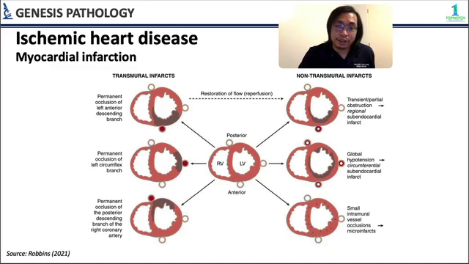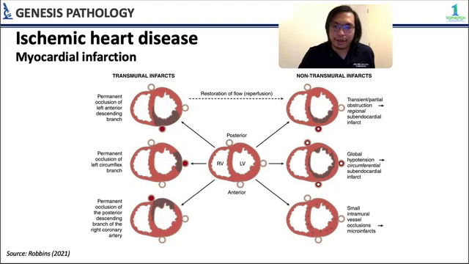If your left circumflex yung affected, that's your lateral infarction. ECG leads, no? Pag inferior wall obstruction, RCA, right coronary artery, yung ECG leads natin na magkakaroon ng ischemic changes, no? It's your 2, 3 and AVF. Okay?